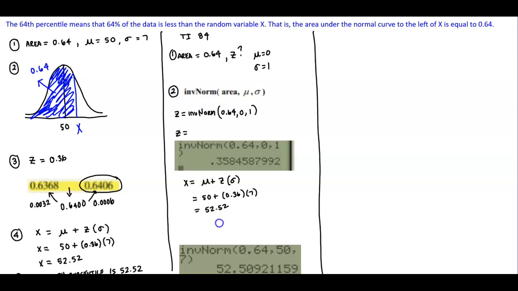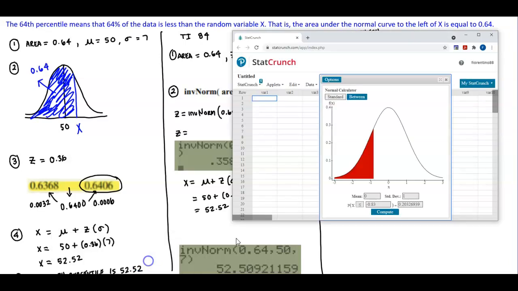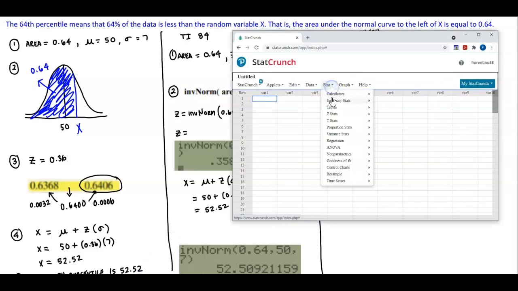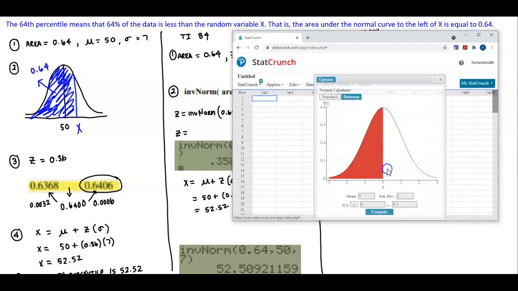Now, how would we use this in StatCrunch? Let's do the same thing here. Let me open up a new one. We go to calculators, normal distribution. The mean is 0 and the standard deviation is 1.